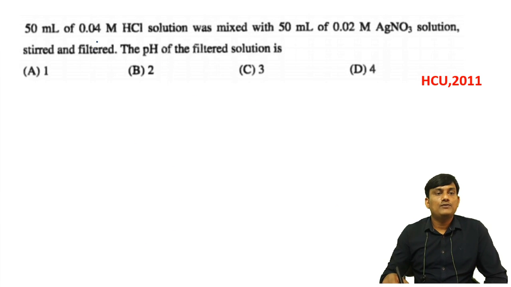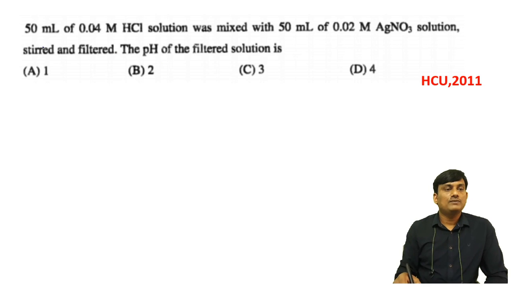50 ml of 0.04 molar HCl solution was mixed with 50 ml of 0.02 molar AgNO3 solution, stirred and filtered. The pH of the filtered solution is? Here the correct option is not given, so let us solve this one.